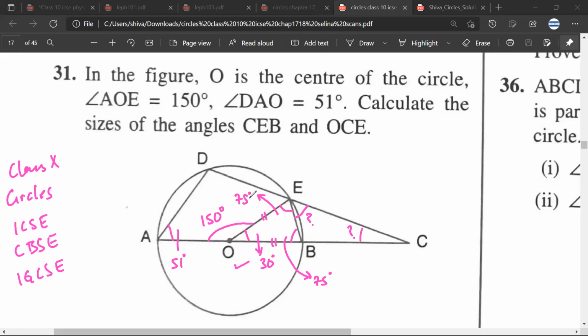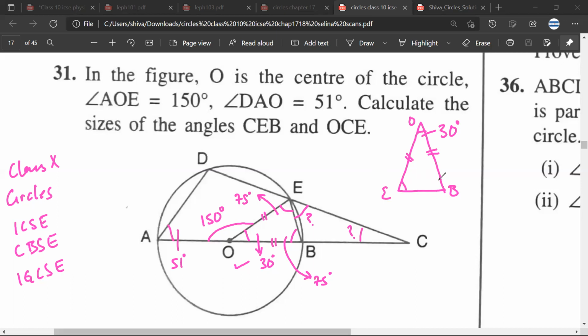So basically what you are saying is that when we take this triangle OEB, OE and OB are the radii of the circle, that is why these two sides are equal. Now angle EOB is 30 degrees.